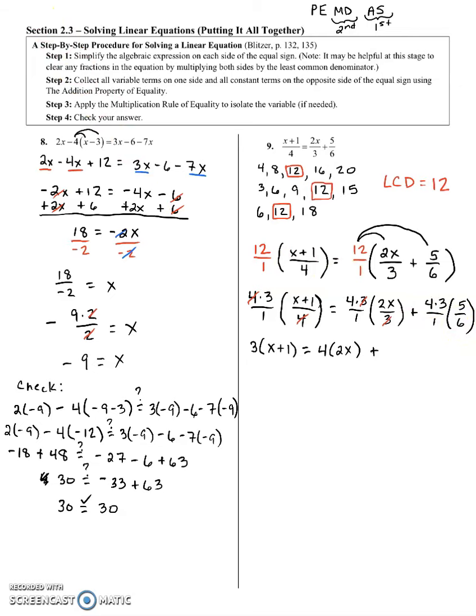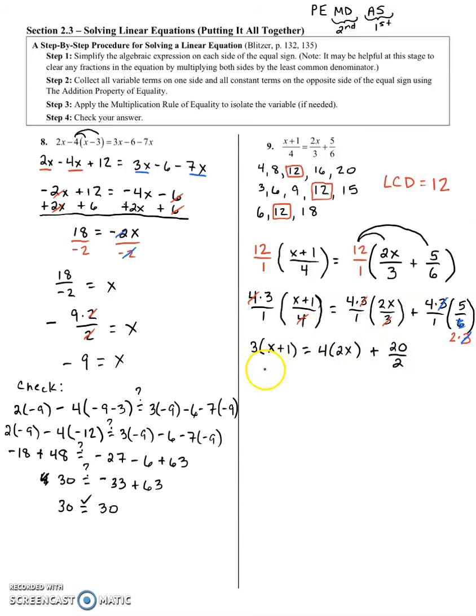Oh, I know what we need to do. We need to rewrite this 6 as 2 times 3. And then what happens? Well, the 3's cancel, and we are left with 4 times 5, which is 20, over 2.